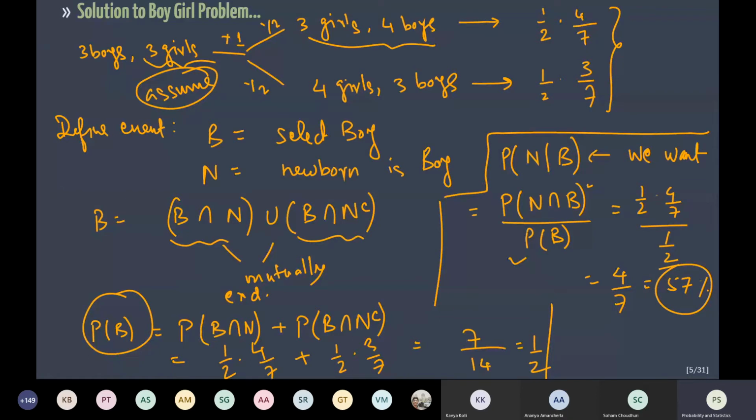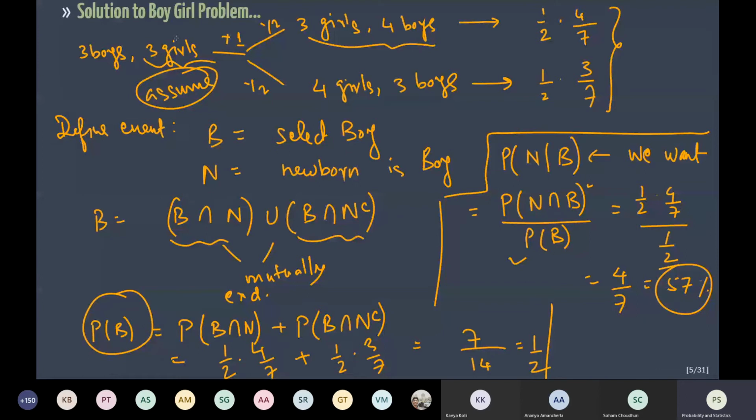Now the question is, what if we try to solve the general problem where, let us say, there were k girls, and k could be arbitrary, we don't know. What if we start with a bias itself, like 3 boys and k girls? k could be greater than 100, 1,000, 10,000.